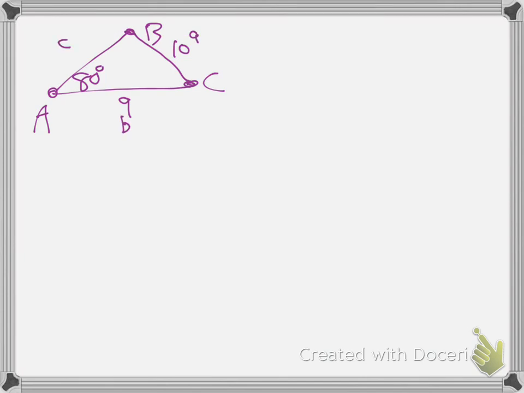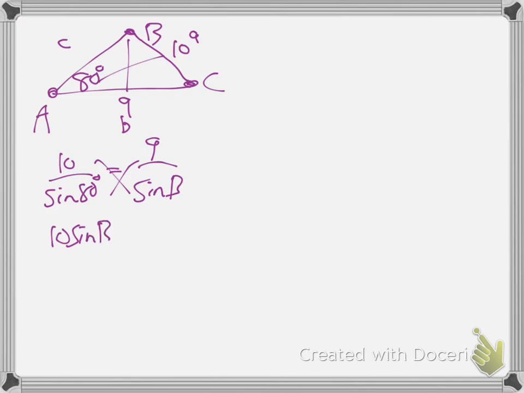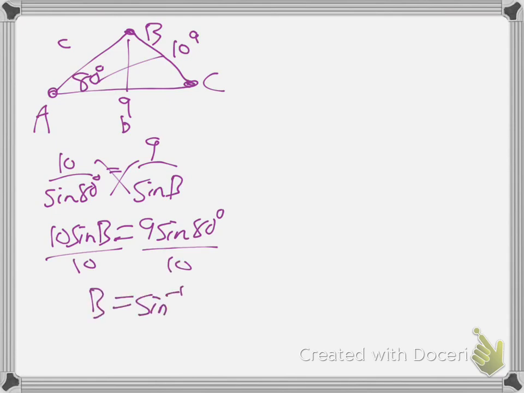Then I did the whole thing again: 10 over sine 80 is 9 over sine B. Then I cross multiplied, so 10 sine B is 9 sine 80, divided by 10, and I ended up solving for inverse sine of whatever that number was.